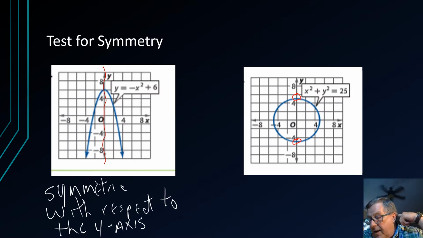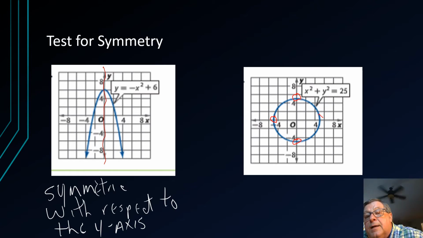Now, what about when we're evaluating the horizontal axis, the x-axis? When y is 0, I see that x is maybe negative 5, and also when x is 5.